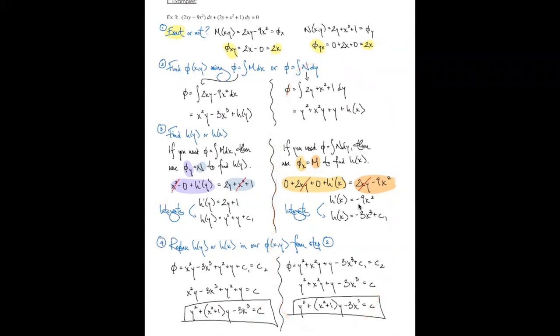Completely up to you, okay? As we work through the other examples, we'll start to see that some choices will be easier for us than others, okay? Sometimes it won't matter, like this one, and sometimes one will be easier than the other. So it's worth kind of setting up both ways to see which one might be easier, okay?